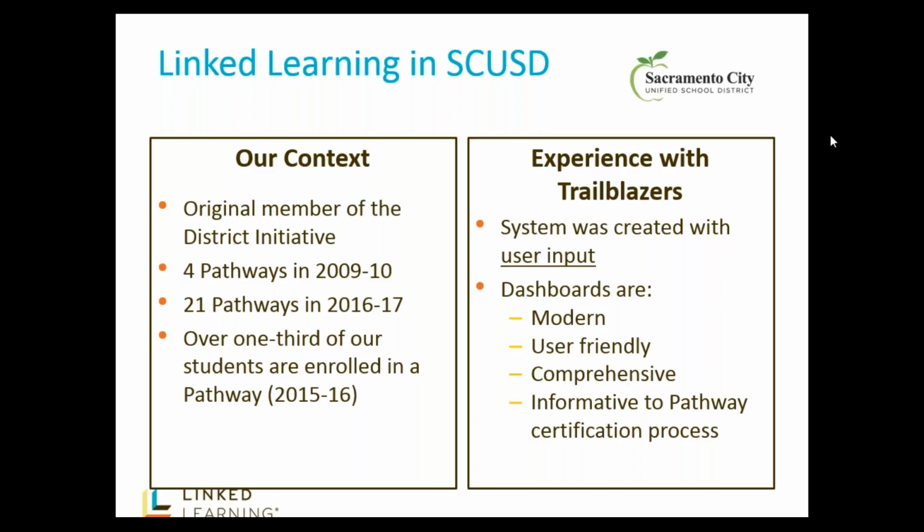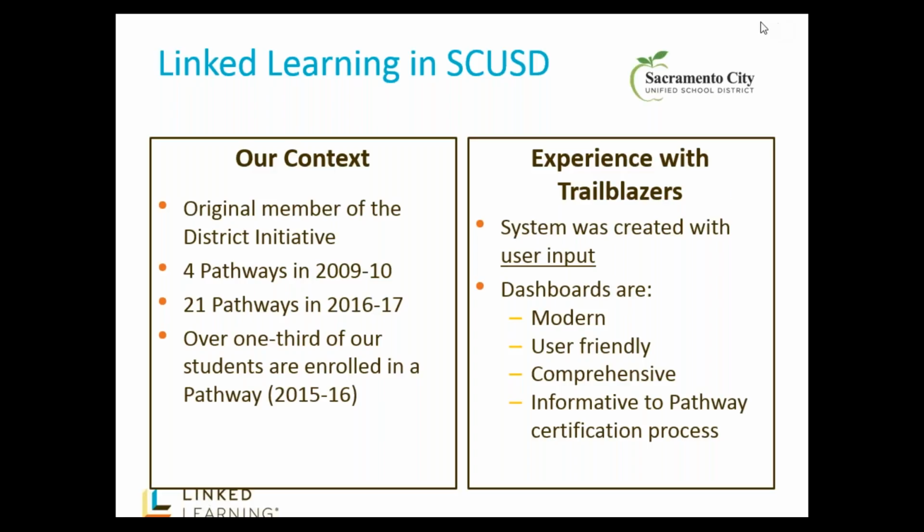I'm not quite sure why I cannot hear Rebecca speaking, but my name is Sarah Petrowski, and I am the Student Outcomes Coordinator in Sacramento City Unified School District, and I work very closely with our linked learning department to assist them with their data needs.